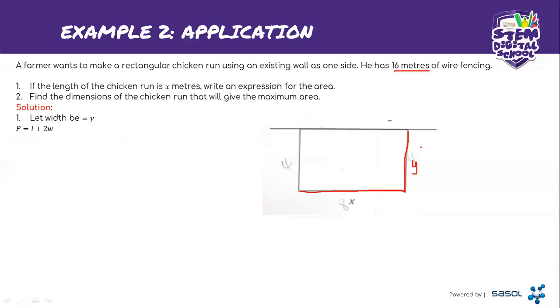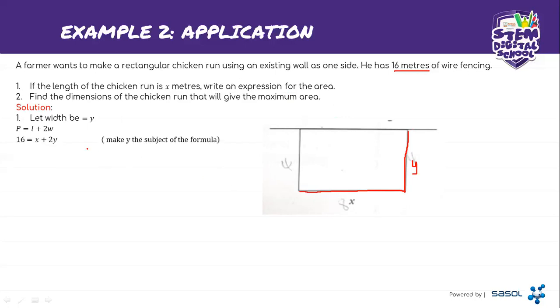But as for width, we have this side, and we also have this side, meaning we have 2 widths, right? Hence we're having 2 width. But as for length, it's only 1 length, because that side is a wall, it's already existing, so there is no need for us to write 2L.